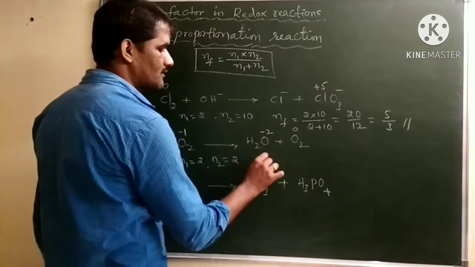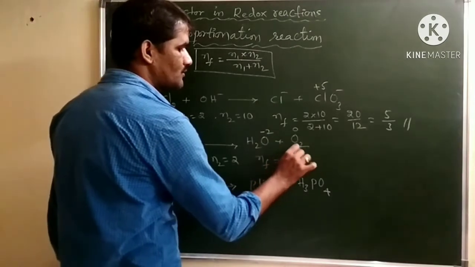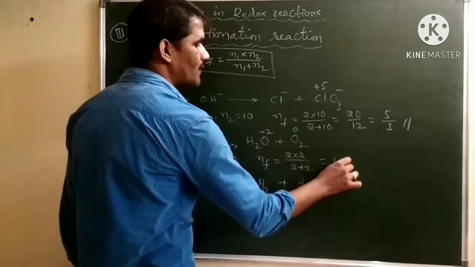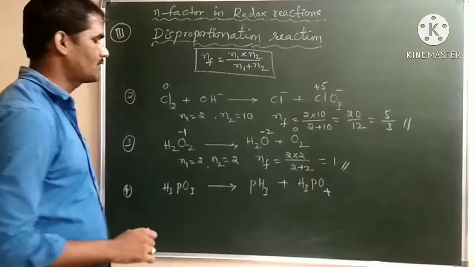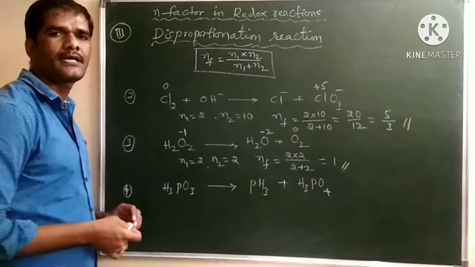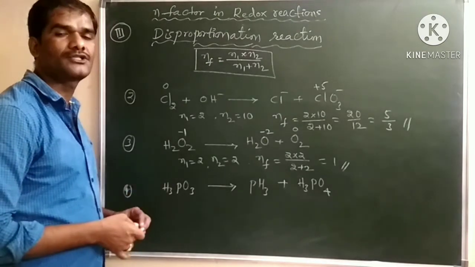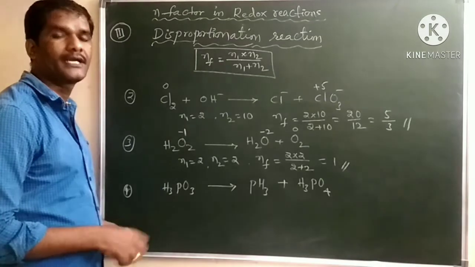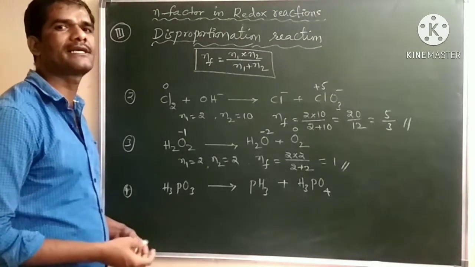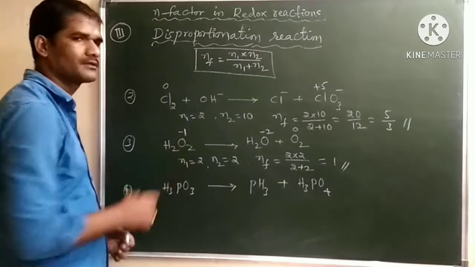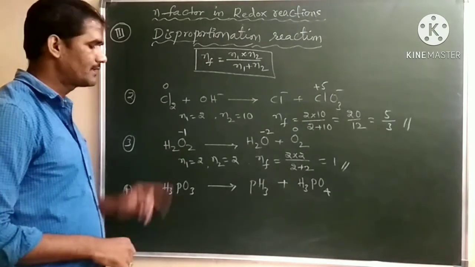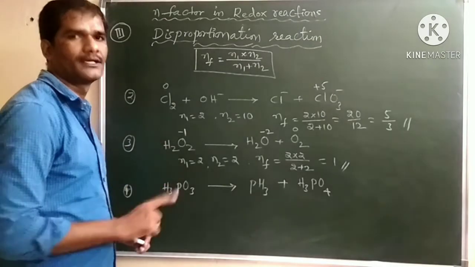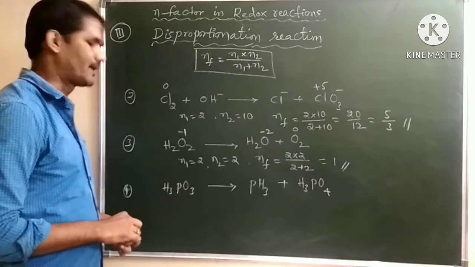Overall N factor is 2 into 2 by 2 plus 2, that will give 1, N factor 1. Again, you should keep in mind that generally the hydrogen peroxide N factor is 2 when it undergoes oxidation individually or reduction individually. In individual cases the N factor for hydrogen peroxide is 2, but in a disproportionation reaction the hydrogen peroxide N factor is 1. This also you should keep in mind.